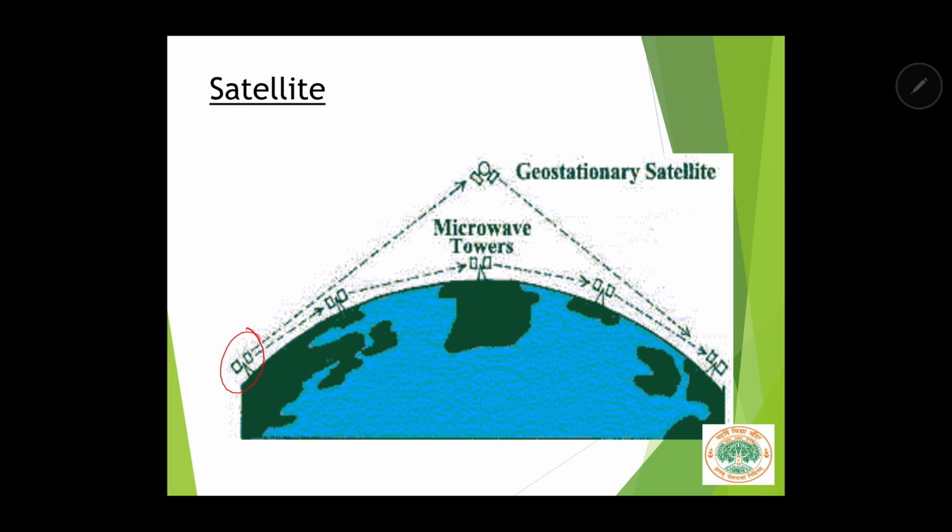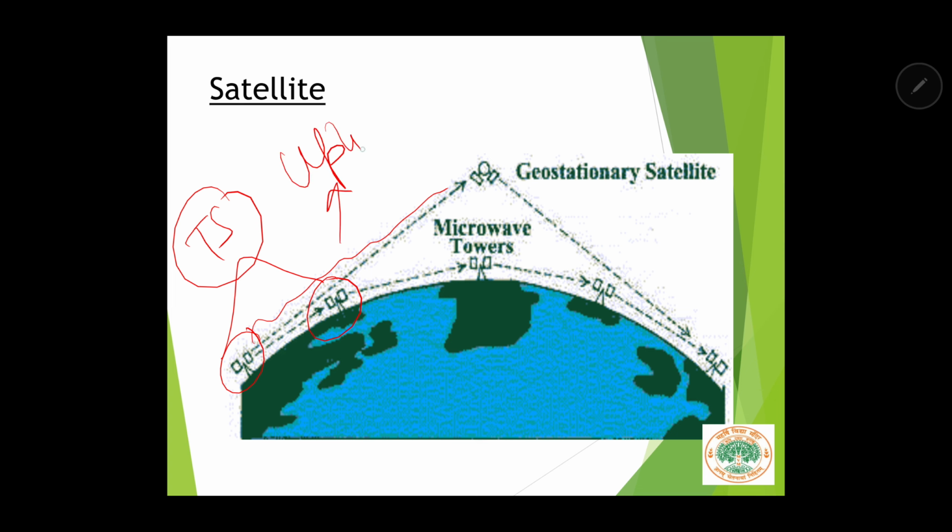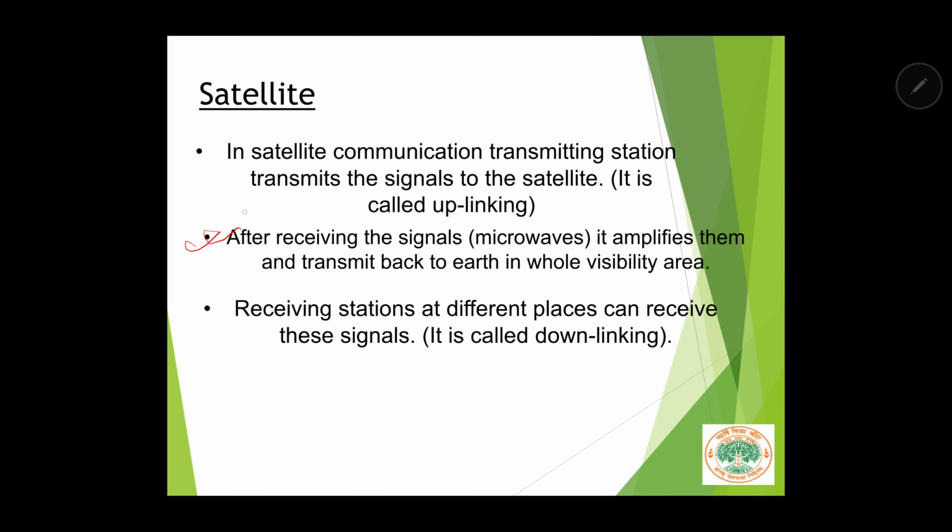So these are the transmitting stations. These stations transmit signals to the geostationary satellite. And this phenomenon of transmitting the signals from the transmitting station to the satellite is known as uplinking. After that, what happens?